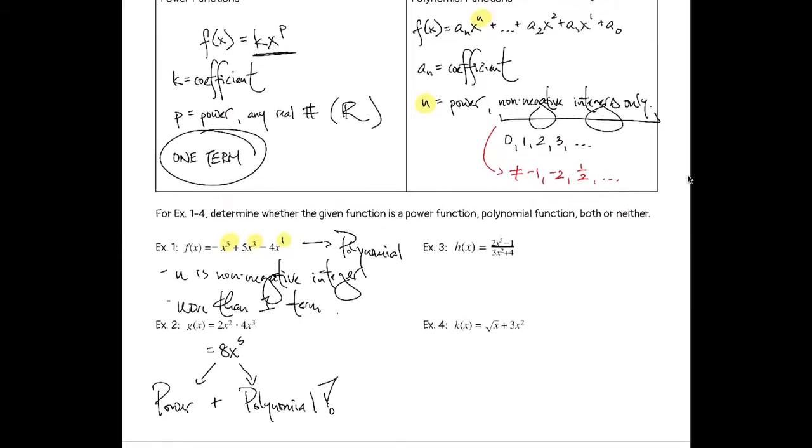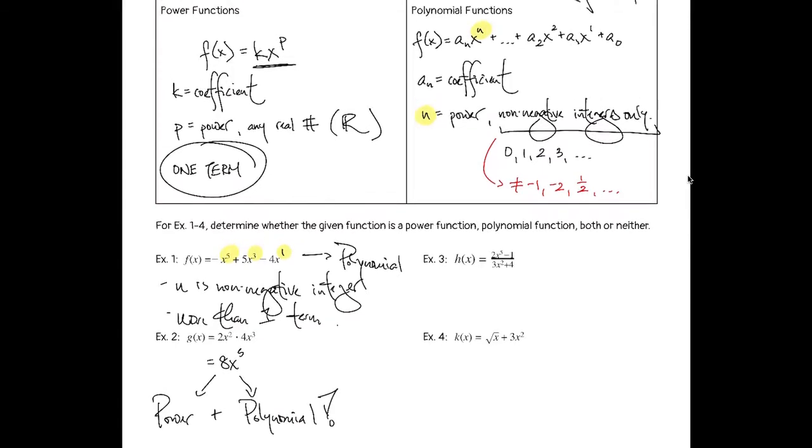What about example 3, the h of x? h of x equals 2 to the 5th minus 1 over 3x squared plus 4. All right, you say a polynomial. Anyone else want to chime in about example 3? This one, example 3, is actually neither.